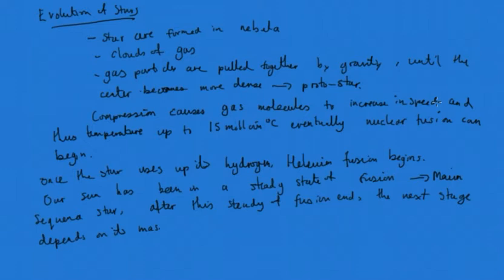The explosion blows out the outer layers of the star into space. These are really quite beautiful things to look at. You should Google pictures of them. They're really spectacular. The remaining core of the star contracts, and it may form an extremely dense neutron star. Or if the original star was massive enough, it could even form a black hole.